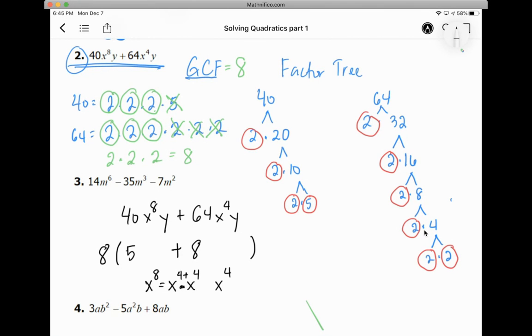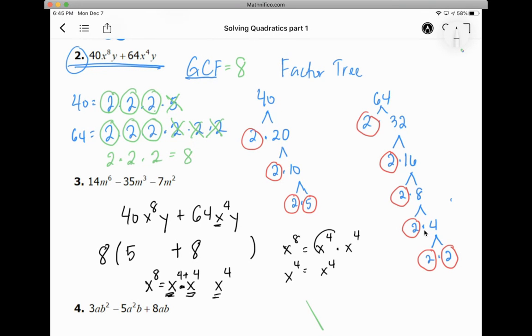So x to the 8 has common factors of x to the fourth and x to the fourth, and I have one x to the fourth here.